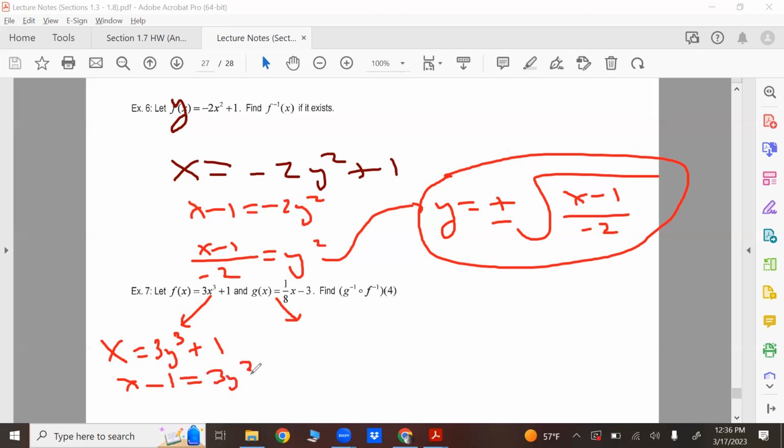Can we divide by 3? So y equals the cube root. So that's going to be f inverse of x.